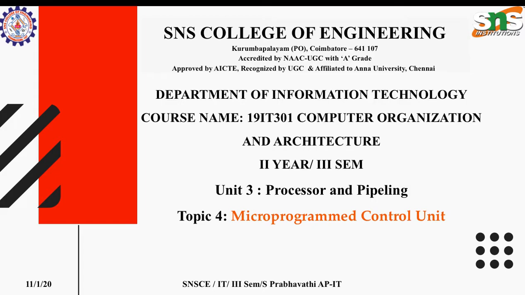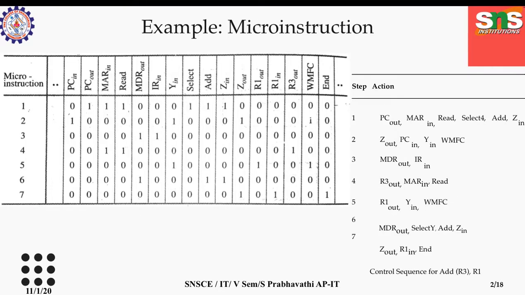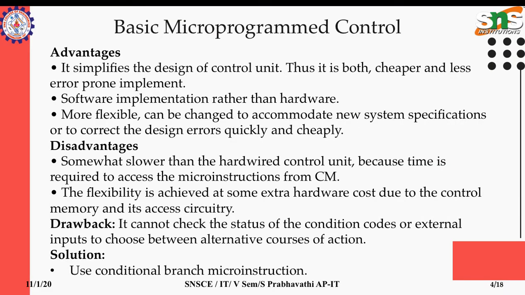So today, in continuation of the previous topic, we are going to see microprogram control unit design. In the previous topic we saw the basic terminologies involved in microprogram control unit design. Then we saw the alternate arrangement: instead of using hardware circuitry, we depend on micro instructions, and we saw an example micro instruction for branching.